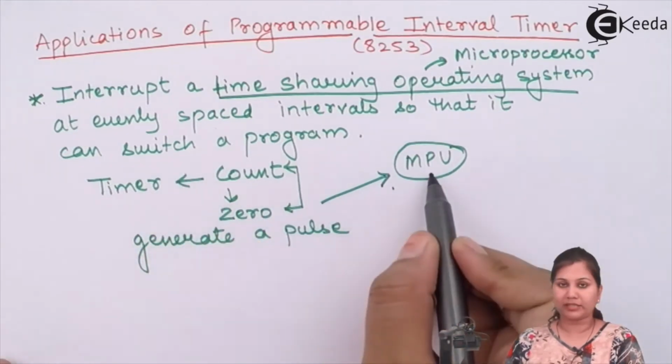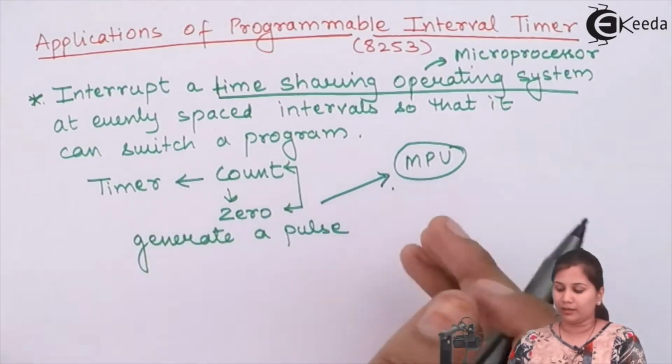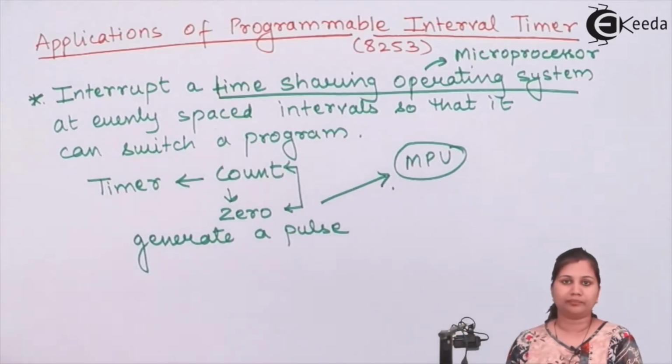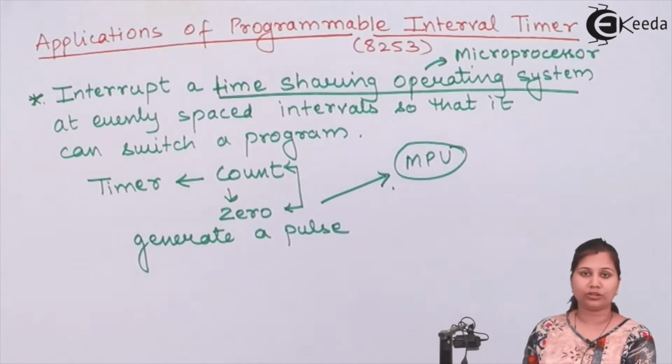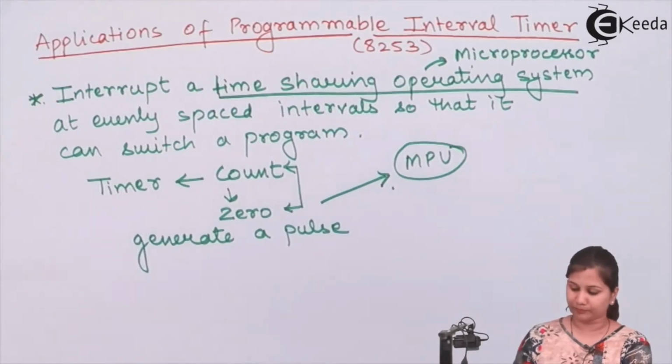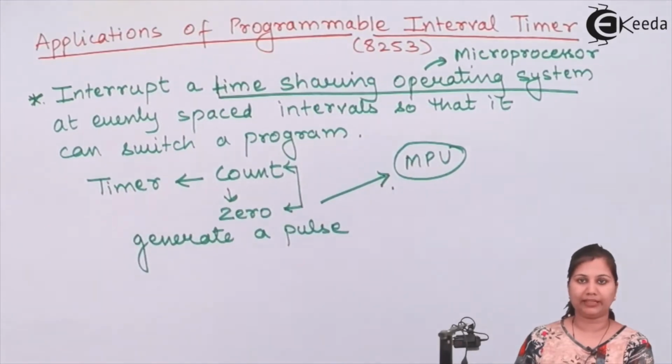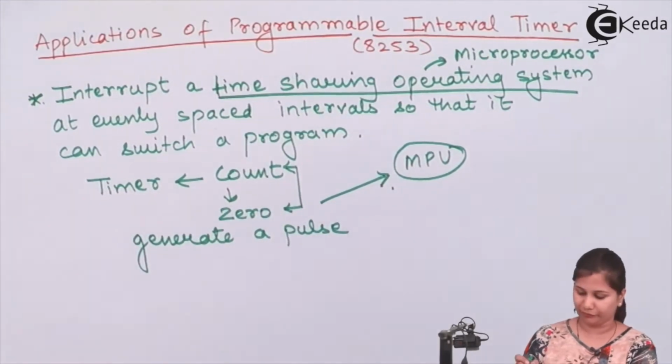So the microprocessor is going to stop its current operation, and then it is going to execute the subroutine. So this is the first application of the programmable interval timer IC 8253.